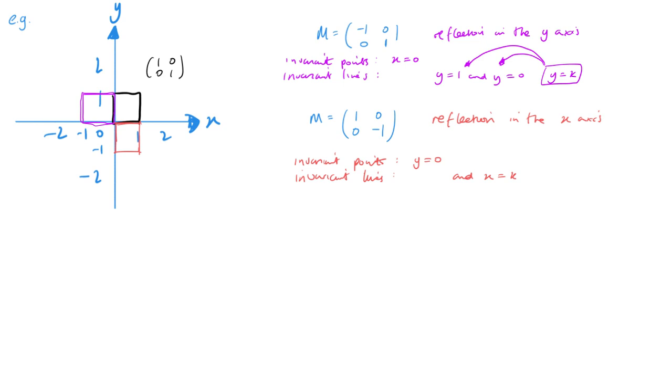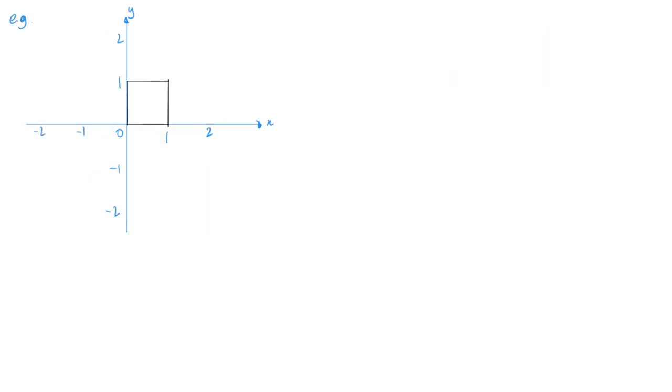Now let's have a look at the reflections in the line y equals x and y equals negative x. So next we're looking at reflection in the line y equals x. Now these are going to look like this: 0, 1, 1, 0. So this will reflect in the line y equals x. So the original here is 1, 0, 0, 1, the standard points.